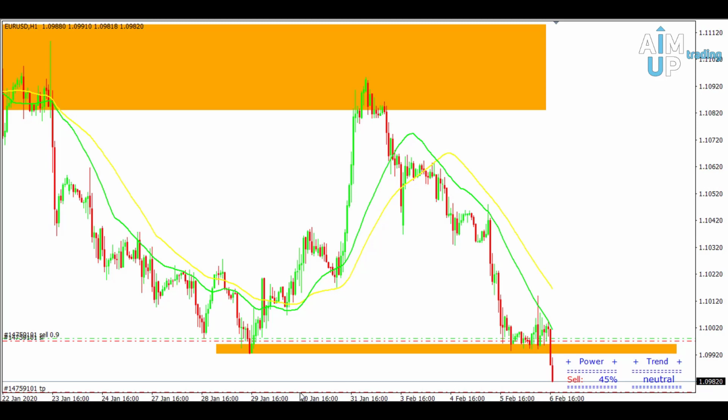What we did, we moved our stop loss on plus. The power of the indicator shows sell 45%, which gives us a good thought on the trade. So we're expecting the price to keep going down. But let's see how the trade will play out.